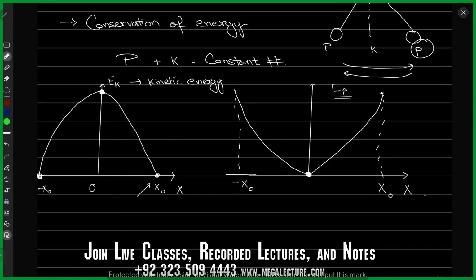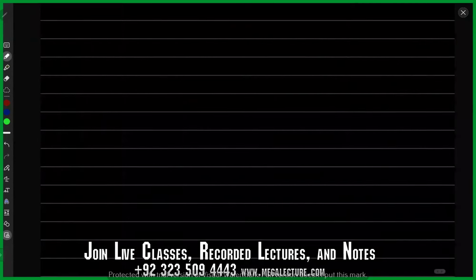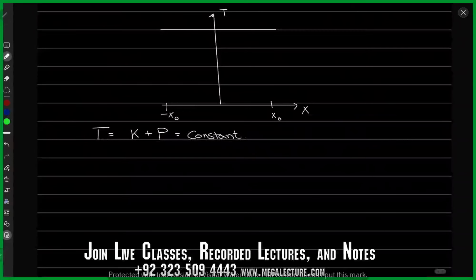Because of the conservation of energy, where the kinetic energy is maximum, the potential energy has to be a minimum, while where the kinetic energy is minimum, the potential energy has to be maximum. So these are the variations of kinetic and potential energies with displacement, while this graph shows how the total energy depends on the displacement of the pendulum or any oscillator. It's a constant.